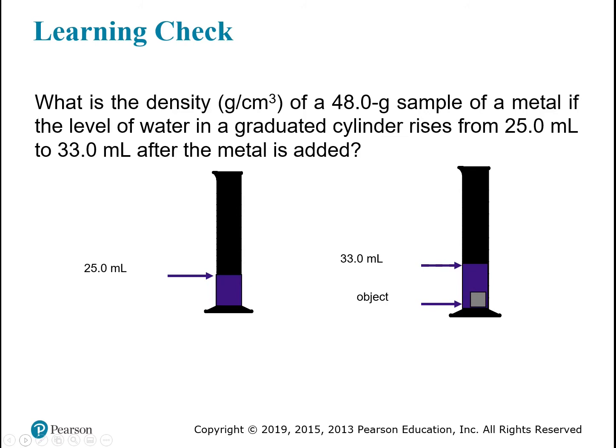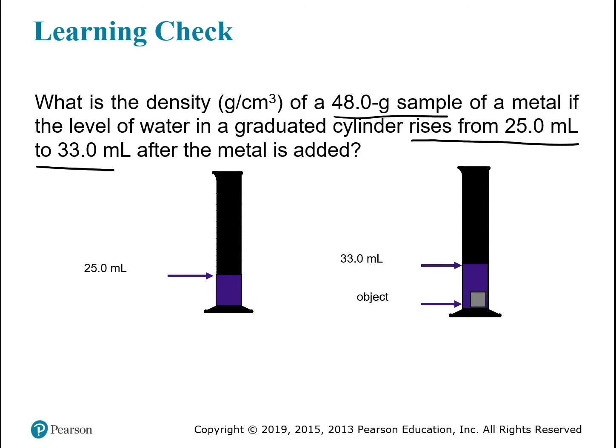So let's do a learning check. What is the density in grams per centimeter cubed of a 48 gram sample if the level of water in a graduated cylinder rises from 25 ml to 33 ml after the metal is added? So we've got some numbers that we need to figure out where we're putting them.